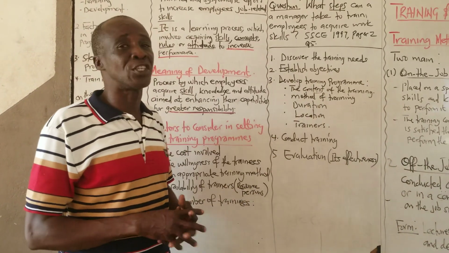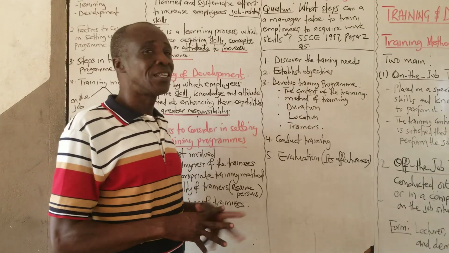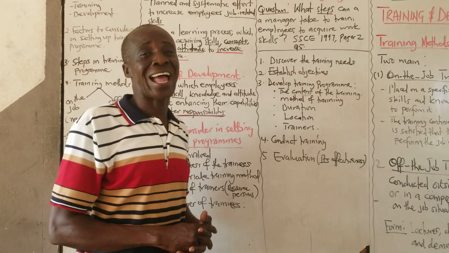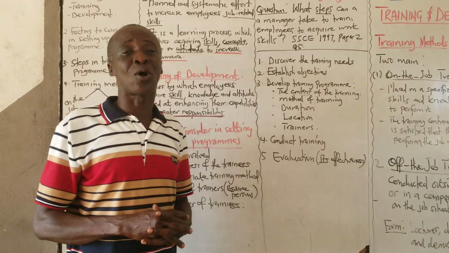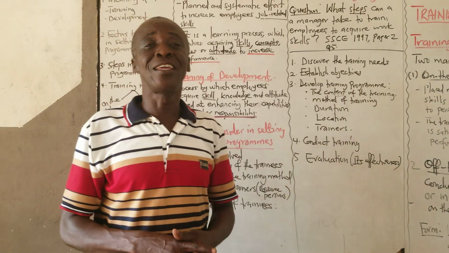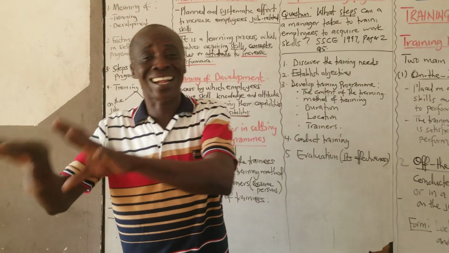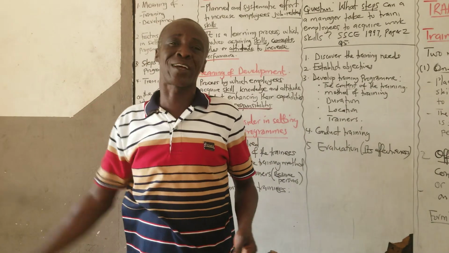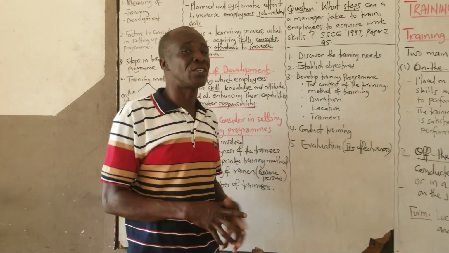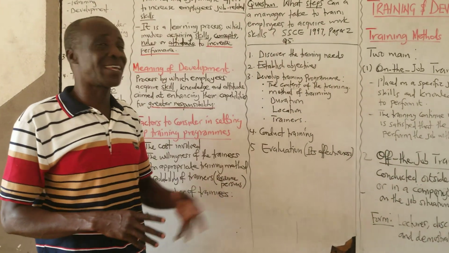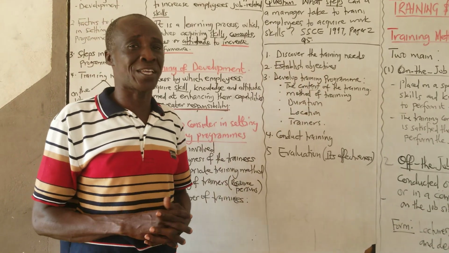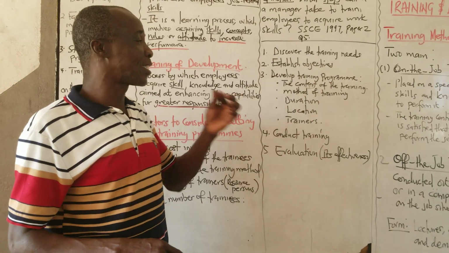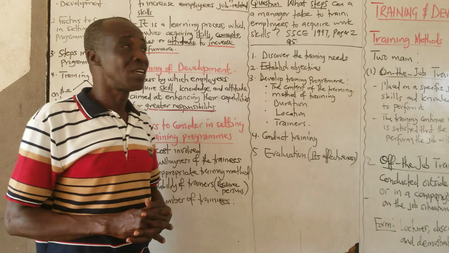So the duration should also be stated. Location. Where are you going to organize the training? Is it in the organization's classroom, or outside the organization? The location should also be stated, and then the trainers, the resource persons. So all these things should be part of the training program.